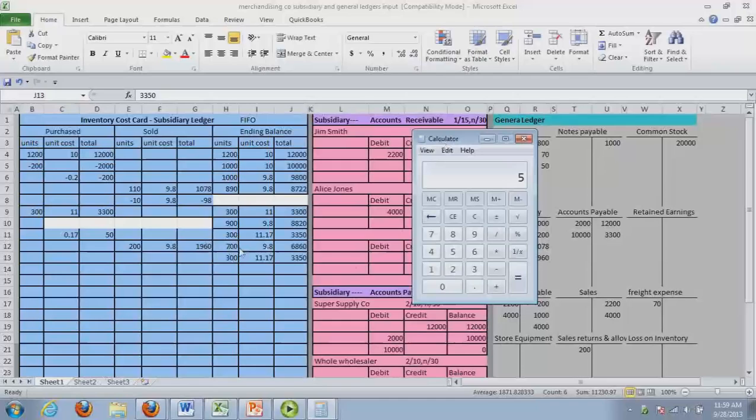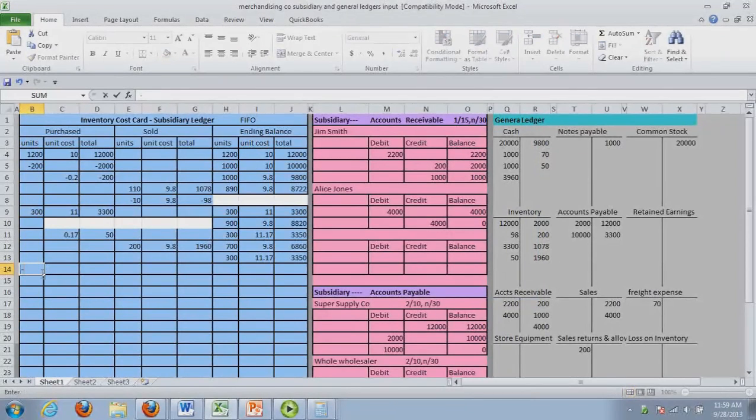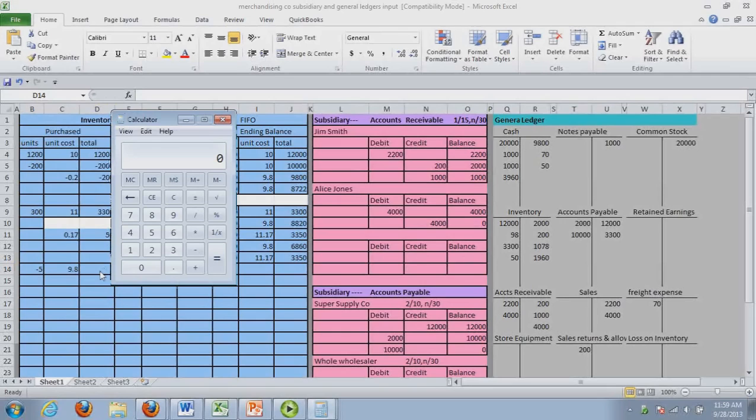Because we're using FIFO, I guess we'll go ahead and take it off of the older units. So there's no place, of course, to show this. So I guess what we'll do is we'll just take it off of the purchase side since we didn't necessarily sell. I guess it really doesn't matter. So I'm going to say minus 5, and I'll go ahead and use the 980, and then we'll do the calculation.